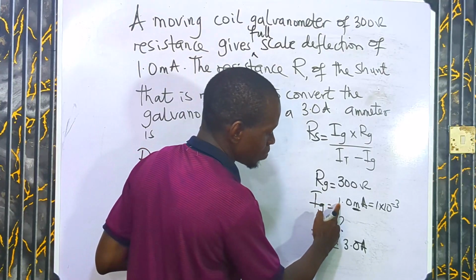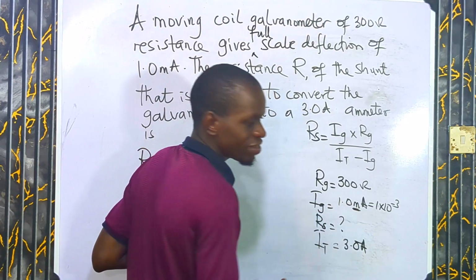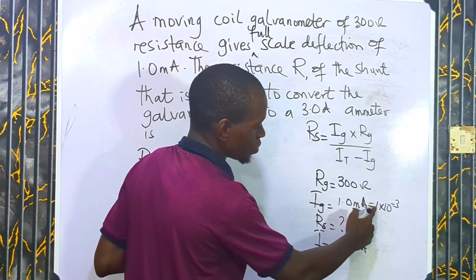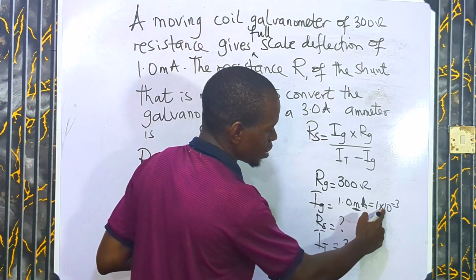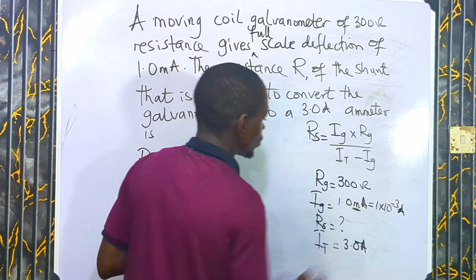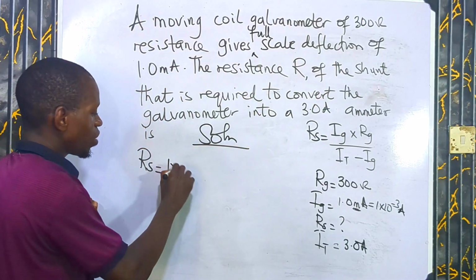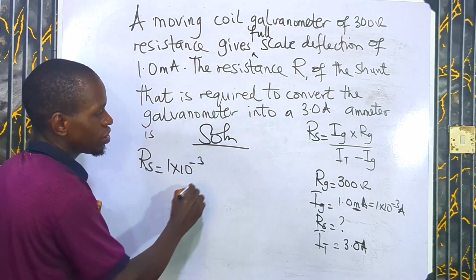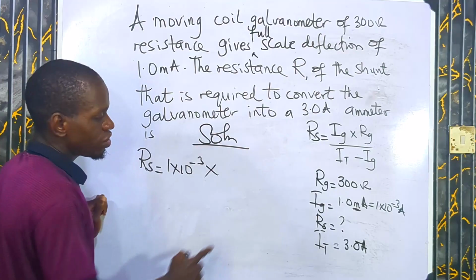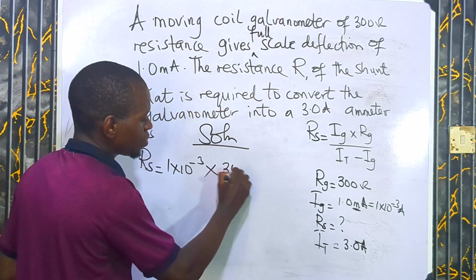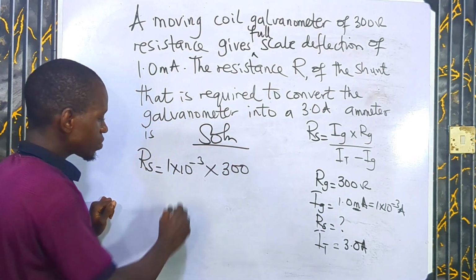Please bear in mind that 1.0 and 1 are the same thing. So I'm going to say 1 times 10 to the power minus 3, times my RG, which is 300.